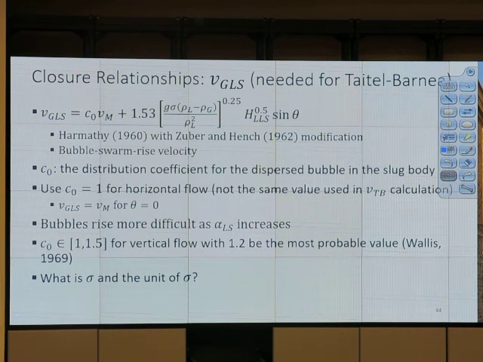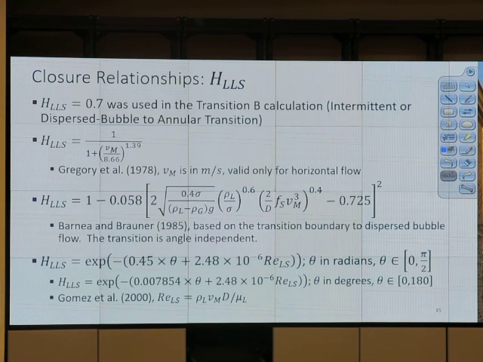For vertical flow, 1.2 is the most probable value. That sigma is Newton per meter, 0.072, or 0.07 in SI units. Newton per meter, not millinewton per meter. Everything has to be SI so that it's consistent with the original application.